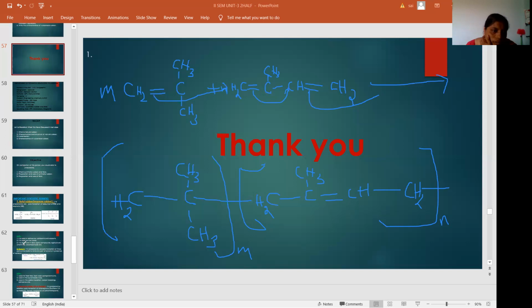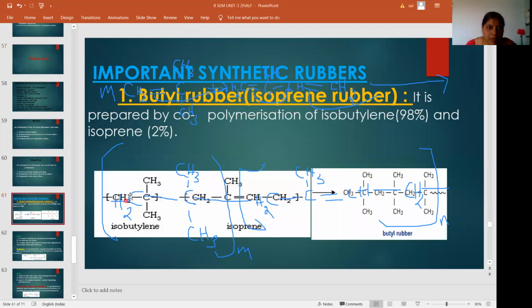Okay, here this one is not correctly shown. The double bond is not shown here. Here isoprene is given directly as polyisoprene.